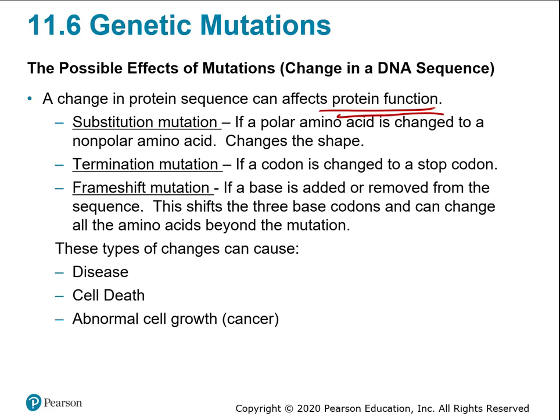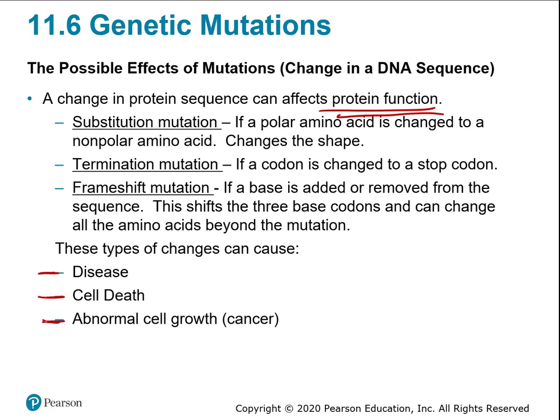Remember how the globular proteins work, that could cause another shift in the twist of that protein, and that might affect how that protein functions, especially if that protein is an enzyme. Remember how enzymes' shape is so important to their function. Sometimes it can make proteins that are super short, or even proteins that are longer than they need to be. So what can happen if this occurs?